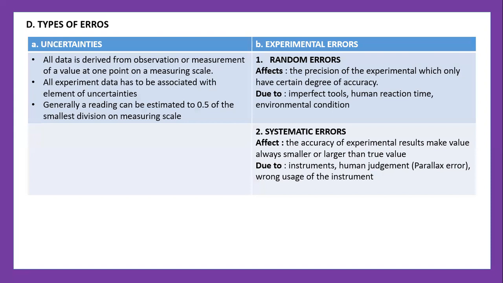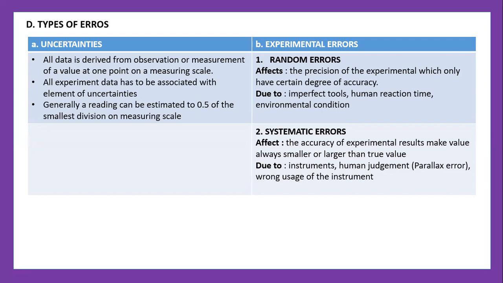Random errors are affected by the precision of the experimenter, which only has a certain degree of accuracy. They could be due to imperfect tools used during the experiment, human reaction time, or environmental conditions.